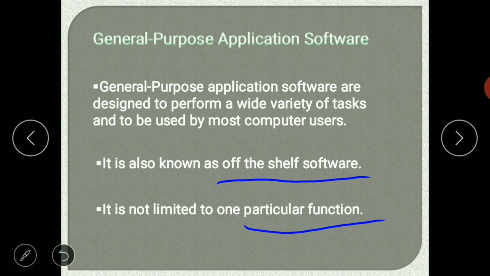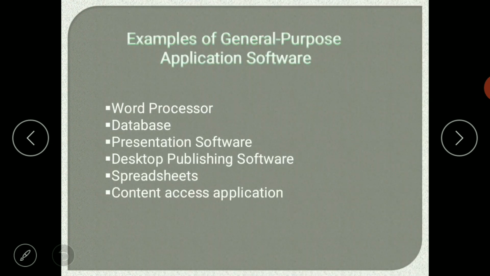Like MS Word allows the user to write a novel, create a restaurant menu, and even make a poster, not only to write text. Now, moving towards examples of general purpose application software, which I told you about already.